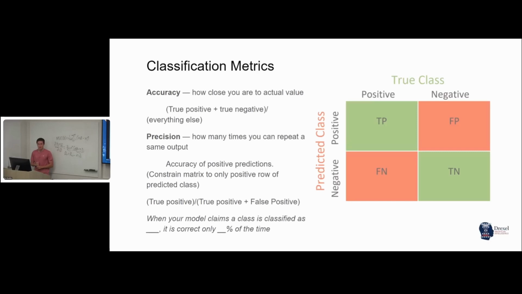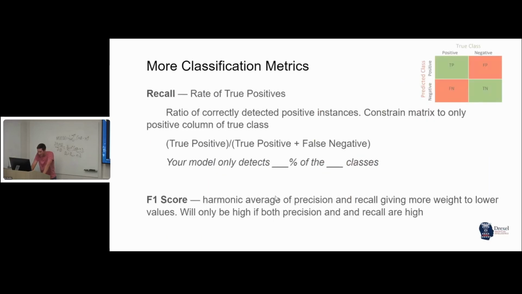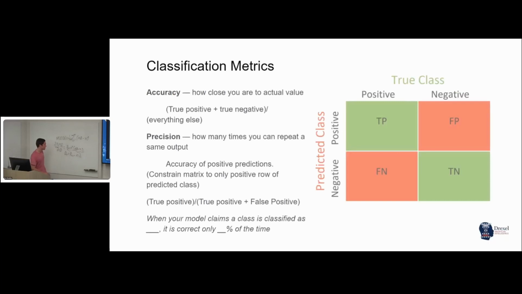I said precision was the true positives divided by the true positives plus false positives. Okay, so just do that for all of them. Just write it down here so it's clear. That would be cool, because it just becomes easier to really understand.